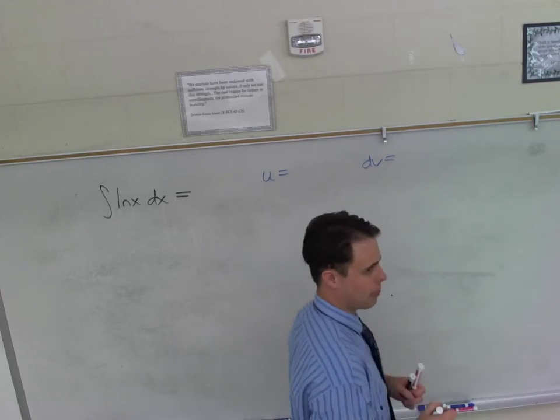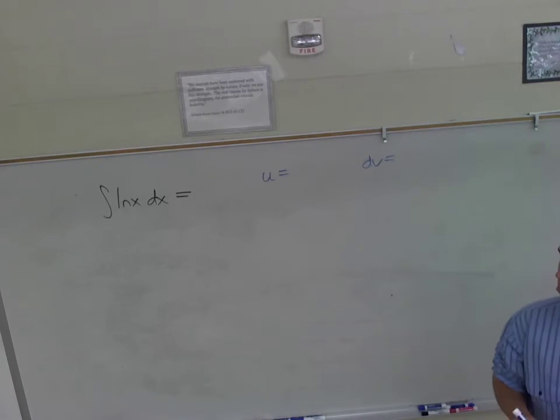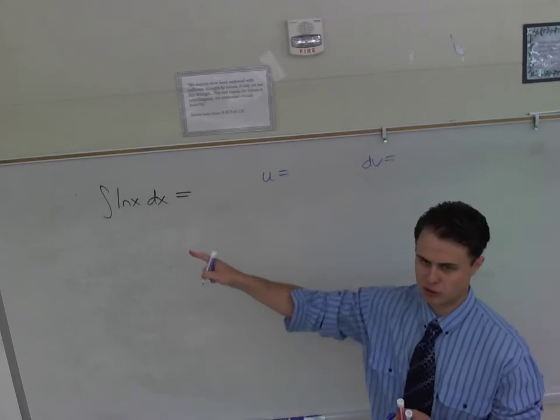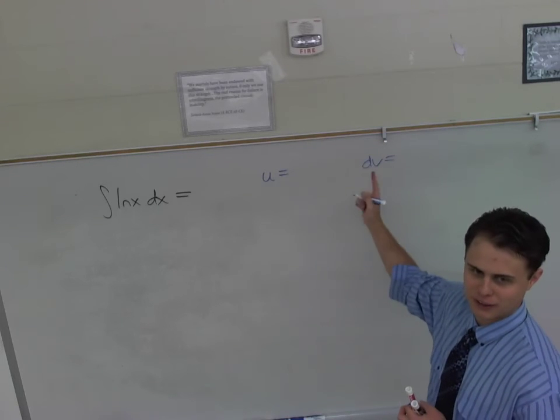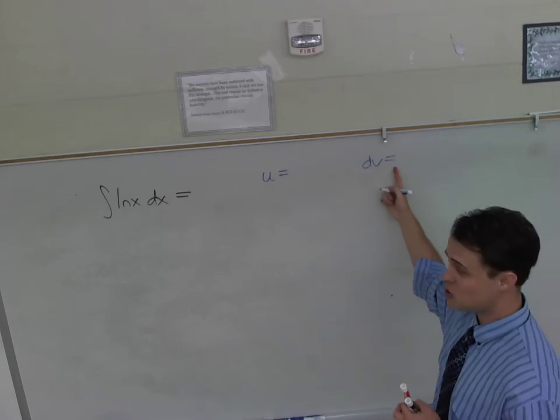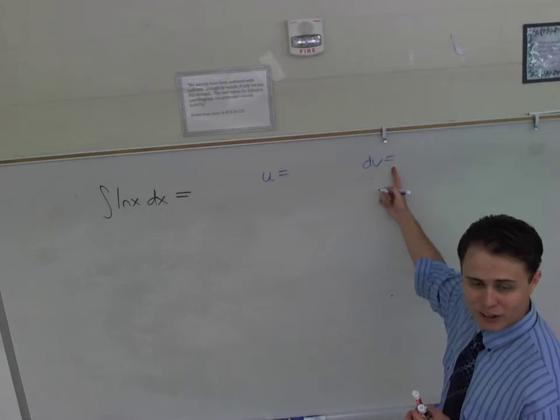What's the weird thing? We don't have a second function, but you could just call that second function 1. You could just pretend there's a 1 in there. Which one should be the natural log? Should it be this one? Probably not. Why not? We don't know that.